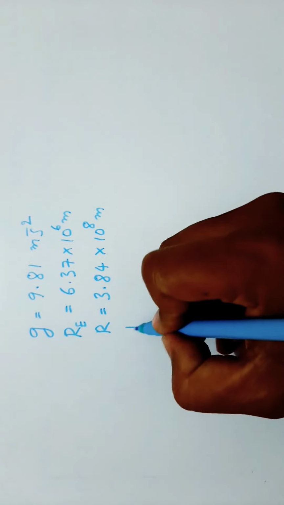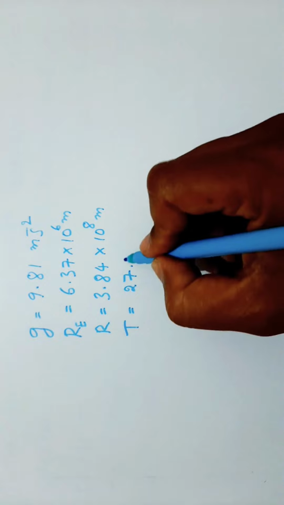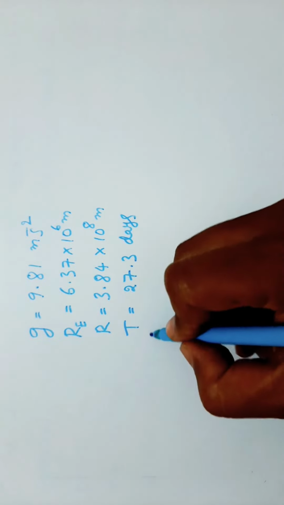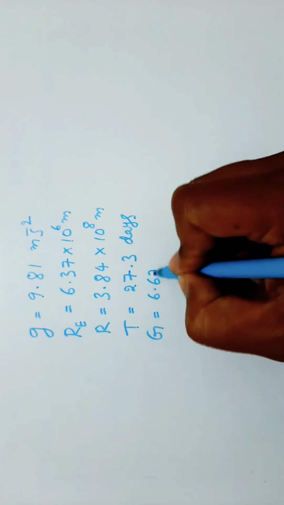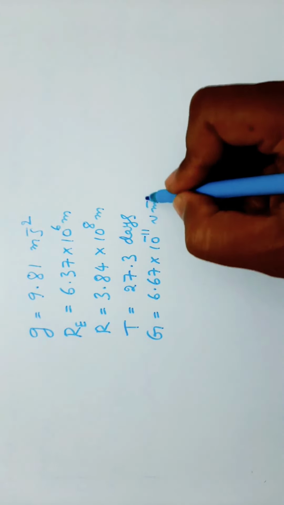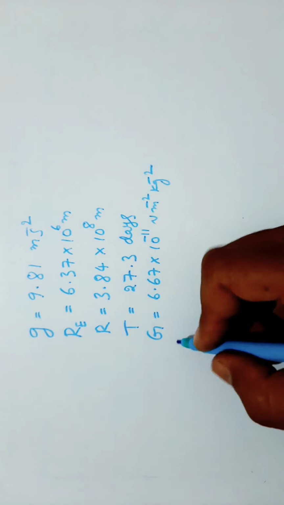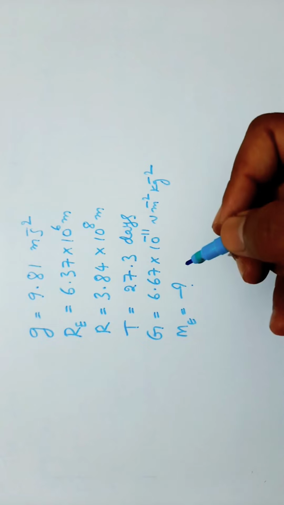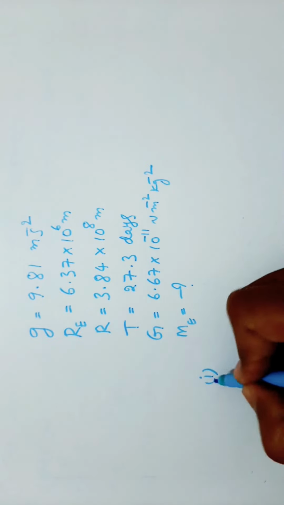The time period of moon is given, that is equal 27.3 days. So we know universal gravitational constant G is equal 6.67 into 10 to the power of minus 11 Newton per meter square per kg square. So here we have to find mass of the earth in two different ways. So here I am discussing first method.